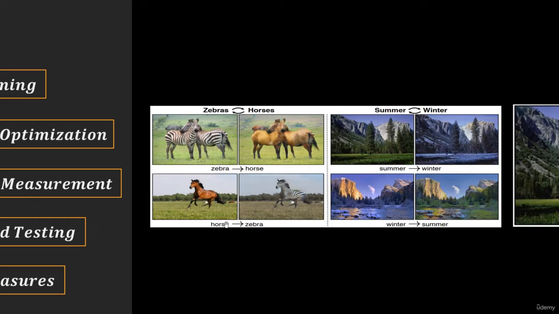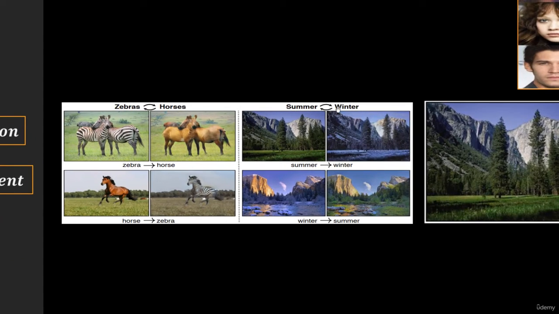As you could see, when this translation is done, we also notice a change in the color of the grass. This tells us that this model doesn't only translate the animal, but also its environment. Here you could do summer to winter translation of the same image, and here we could have winter to summer translation.